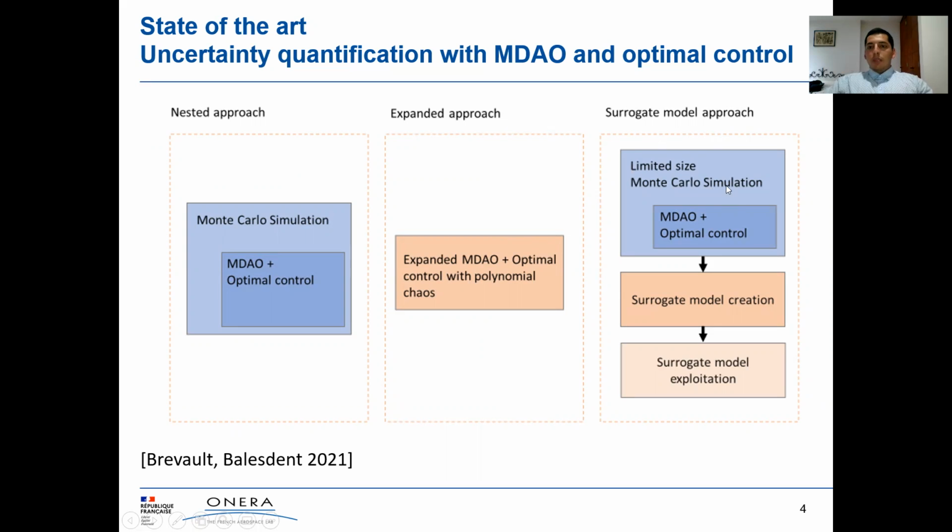It consists of a limited size Monte Carlo simulation that is used to solve the MDAO plus optimal control and obtain a training set. Then a surrogate model is created using this training set, and then the surrogate model is exploited to create the output stochastic process. This method is faster than the nested approach and doesn't have any constraints on the number of input variables. Nevertheless, it has an intrinsic surrogate model error.